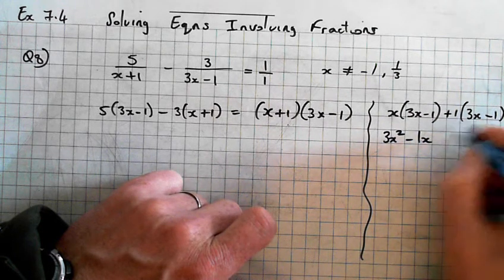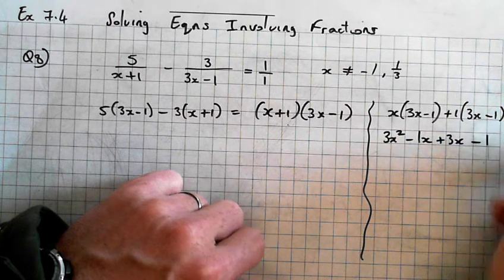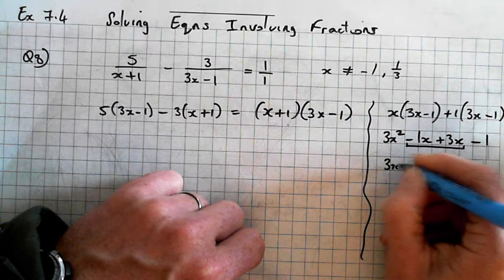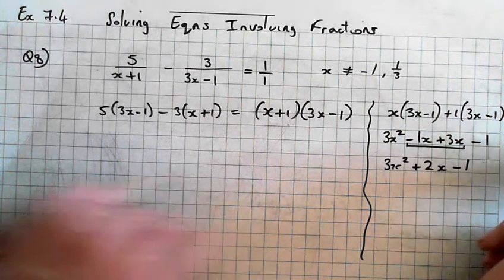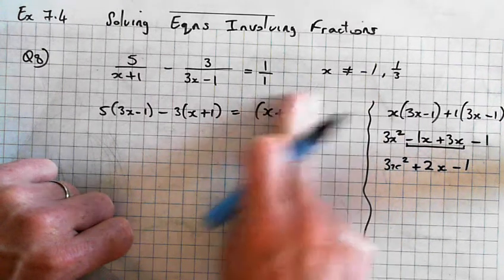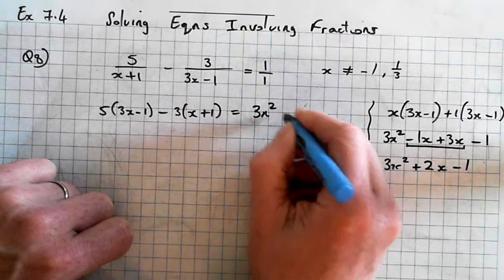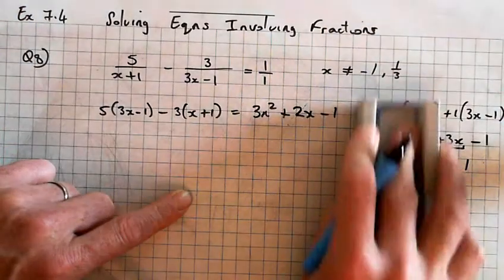Now 1 times 3x, 1 times minus 1. Now add the x's together. That's 3x squared plus 2x minus 1. So all of this is 3x squared plus 2x minus 1. Okay, so that's done.